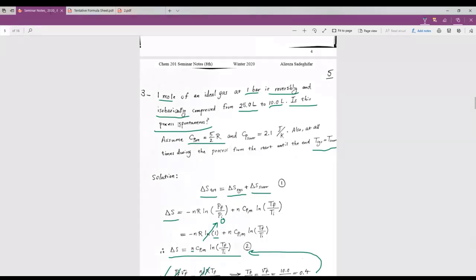If we look at all the information that we have here, we can't find any information about the state of the matter of the surroundings, whether it's an ideal gas or not. Therefore, we have to assume that it's not an ideal gas. It could be liquid, it could be solid, it could be a real gas.